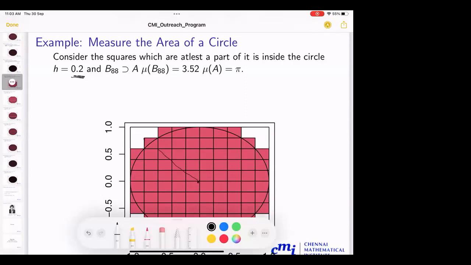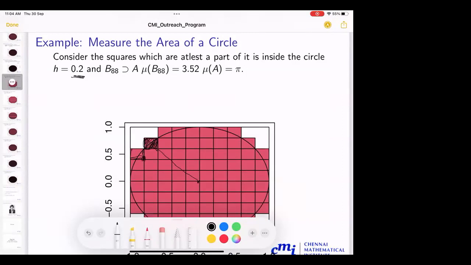So that means this square, you can see, is partly inside the circle and partly outside the circle. Similarly, if you consider this square, as long as one vertex is inside the circle, I'll take it.